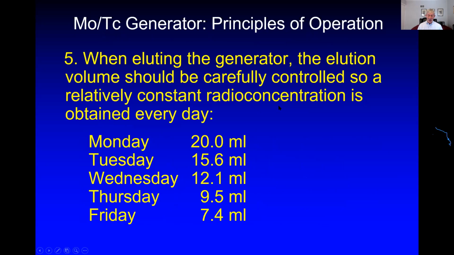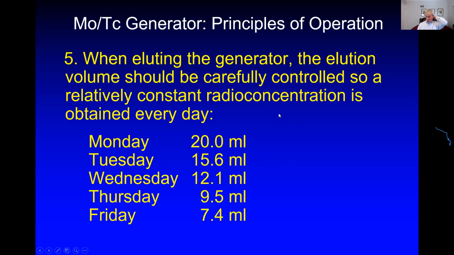That's important for a couple of reasons, one of which is it helps us to catch a problem. If you know that every single day you should get 150 millicuries per milliliter in your generator, and one day you've only got 90, you know there's a problem. If you were to elute with the same volume every day, you would never be aware there's a problem because the concentration would vary all over the place.